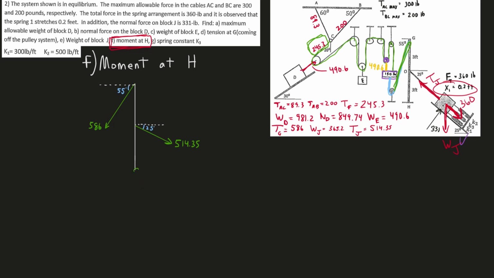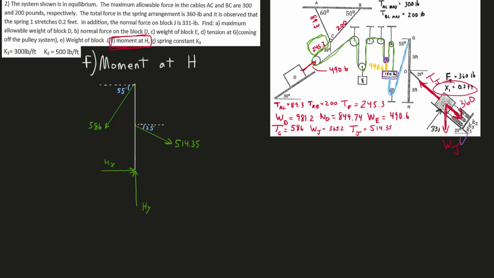Since it's touching the rod at this point, it'll put some force on the rod. This force will have some x and some y component, and I'll just assume it to be up and to the right. So Hy and Hx are the two components of the single force that the ground is putting on the rod at point H.